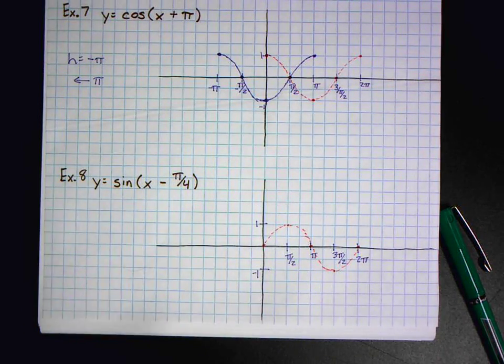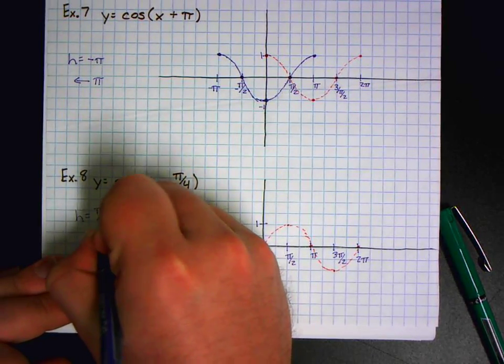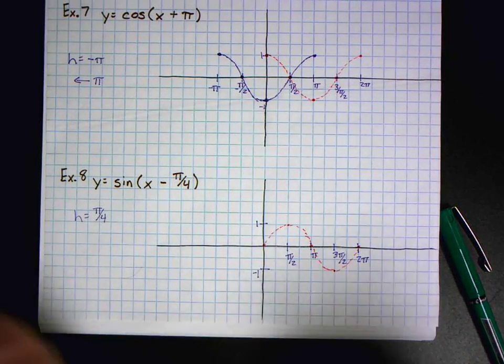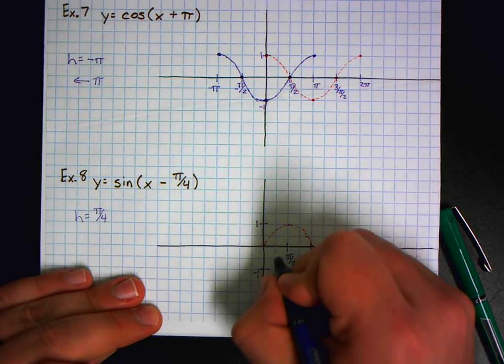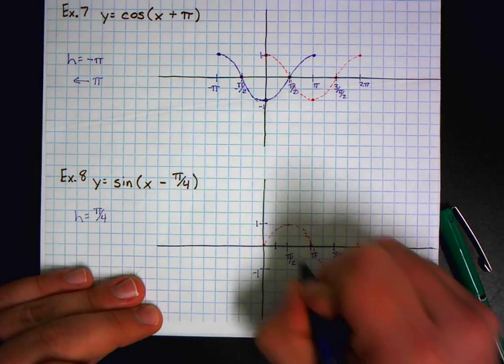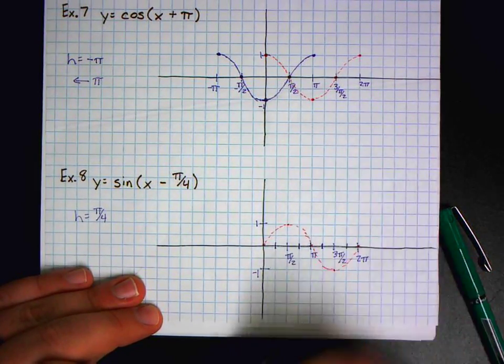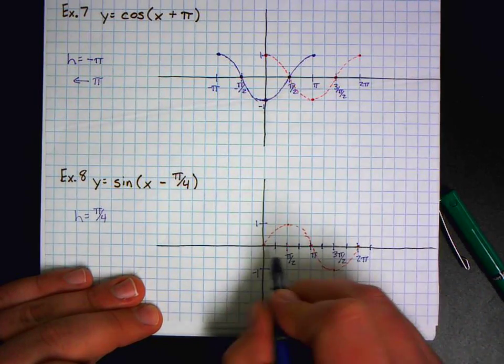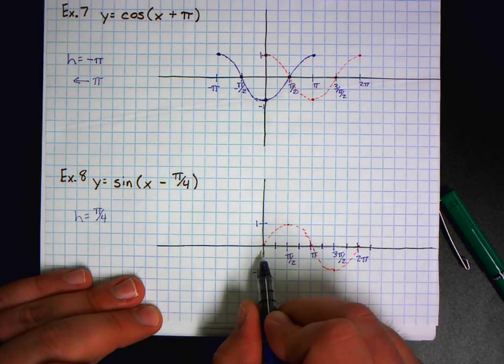So what's my h value for this one? Pi over 4. Now, I didn't put pi over 4 on here, but where is pi over 4? The pi over 4s are directly in between each of these points. So that means I'm moving each of these points over half a mark, or half a space. So this mark's going to move over here, here.